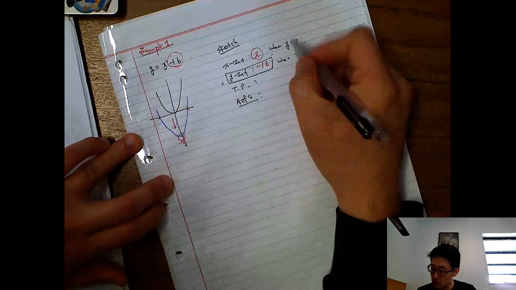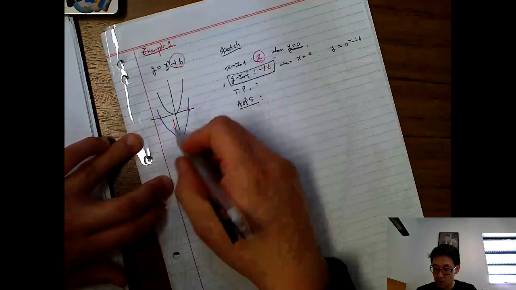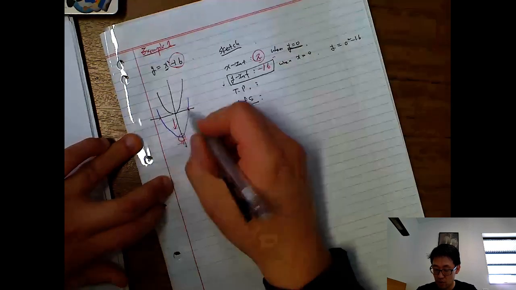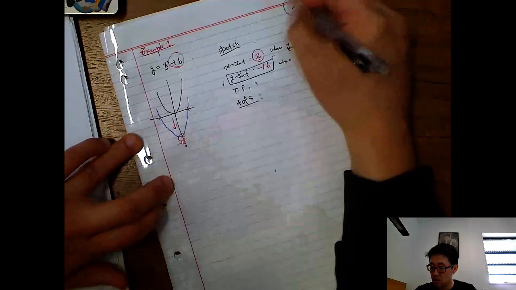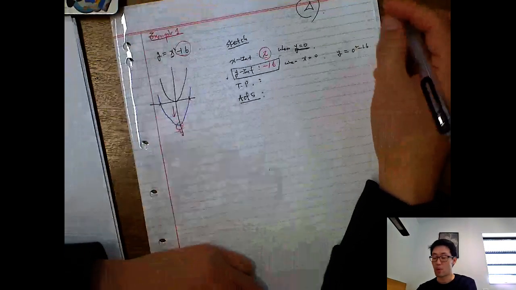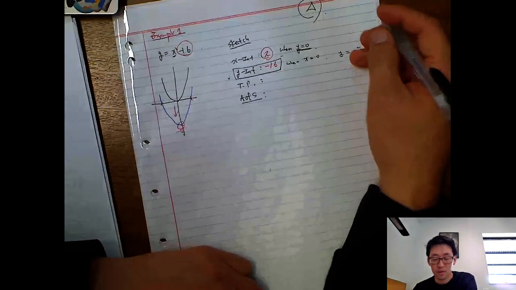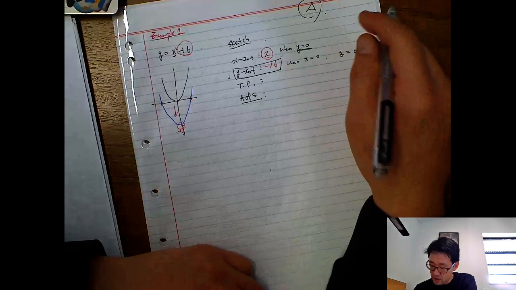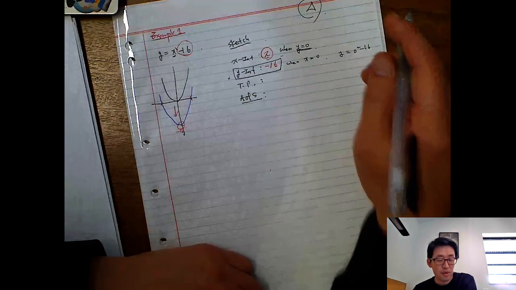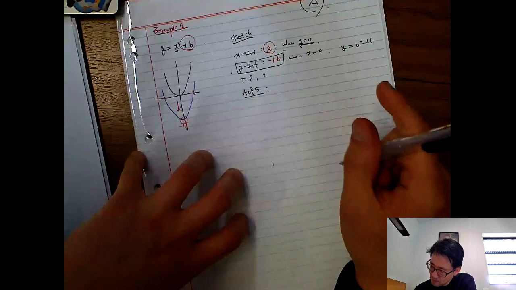Through drawing, you know there are 2 x-intercepts, or you can use the discriminant as well. You can prove it: B squared minus 4ac bigger than 0, then you know the 2 x-intercepts exist, or 2 solutions.